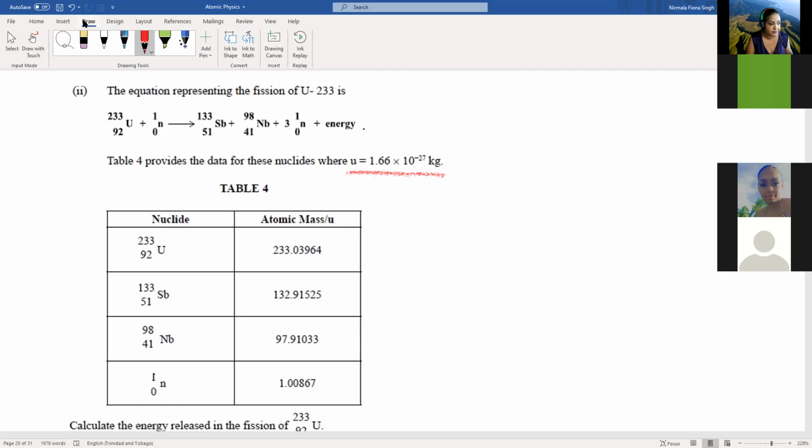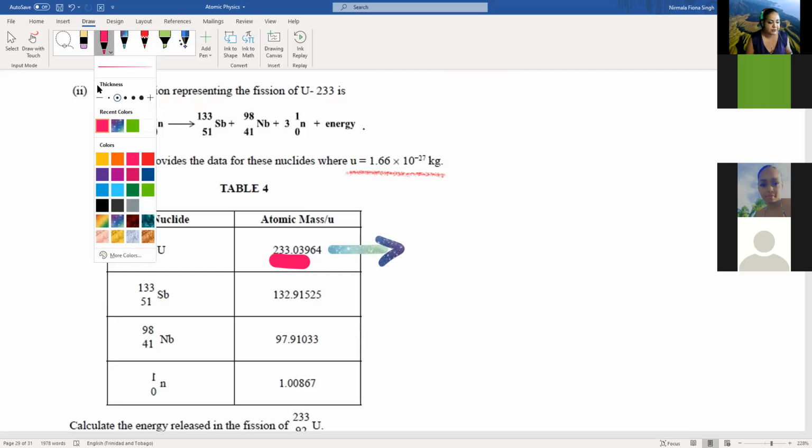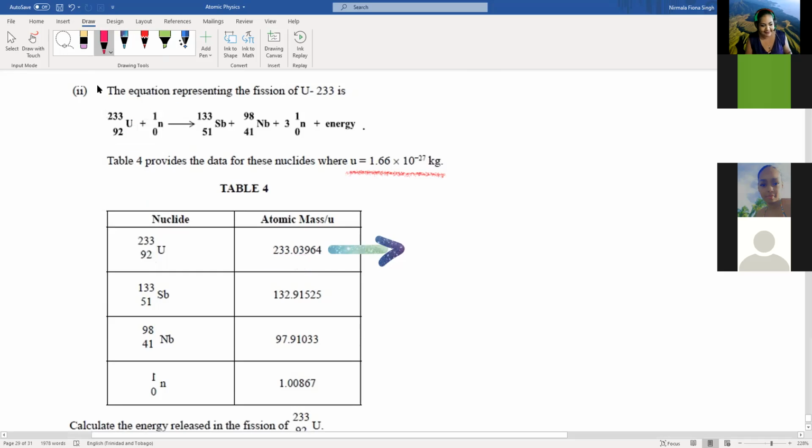So if I wanted to work on my questions, I here have 233.03964. If you want to convert this to kilograms, you're going to multiply the 233 by 1.66 by 10 to the minus 27.